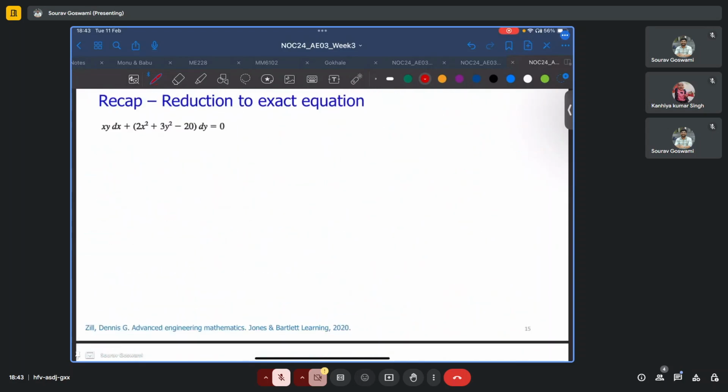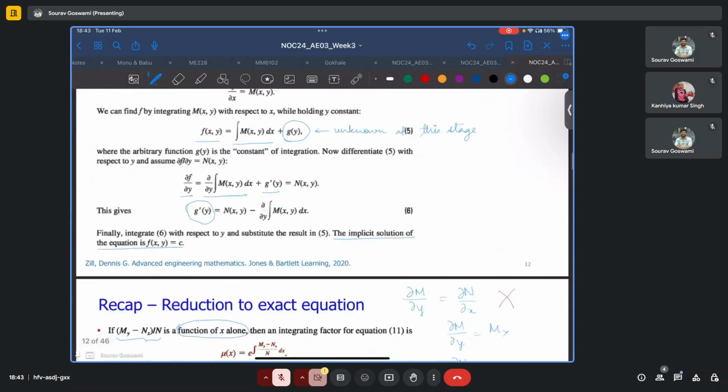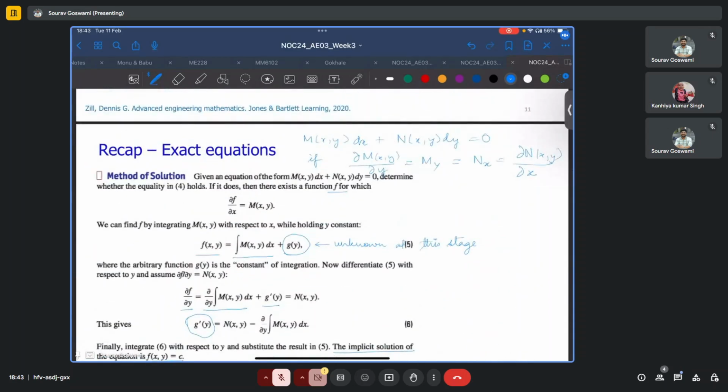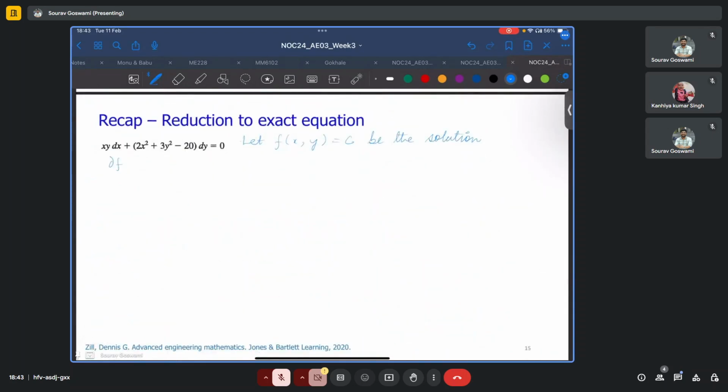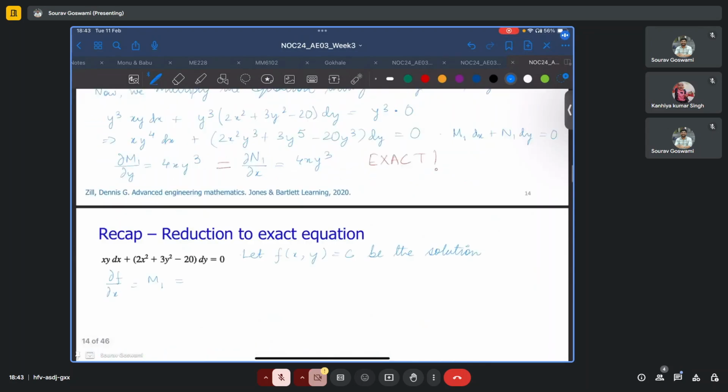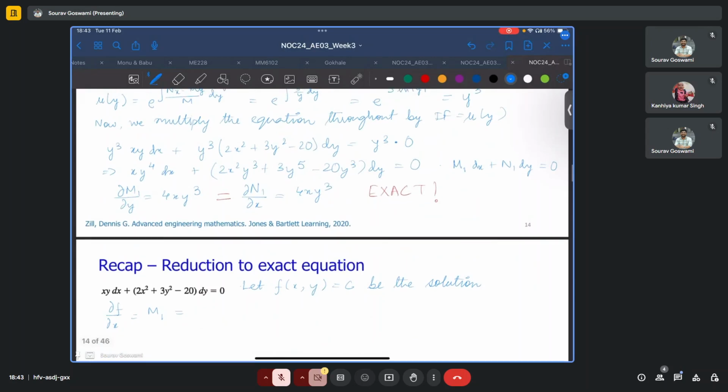So let f of xy equals c be the solution. We are told that ∂f/∂x is equal to M, but now it will be equal to M1 since in the original form the equation was not exact. So ∂f/∂x equals M1 equals xy power 4.